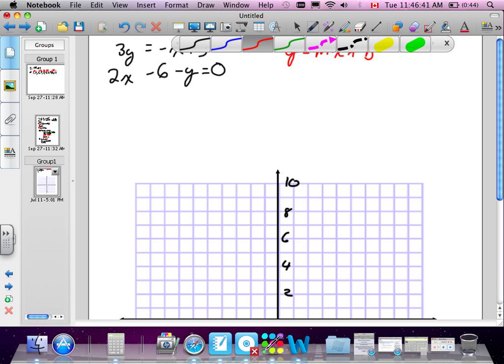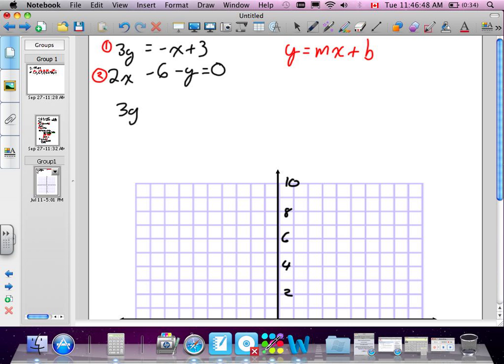So let's take our first equation. 3y is equal to negative x plus 3. To set this equal to y, because this is multiplied, I need to divide all the terms by 3.